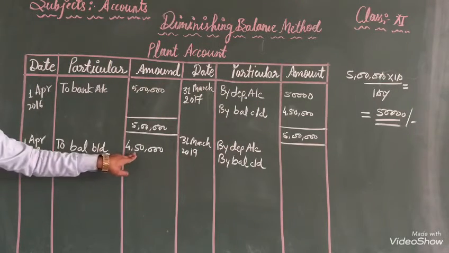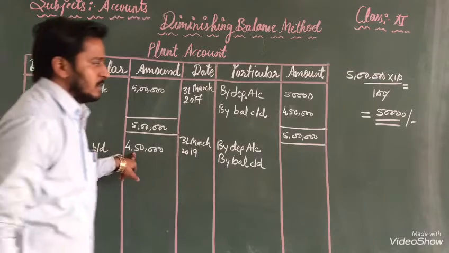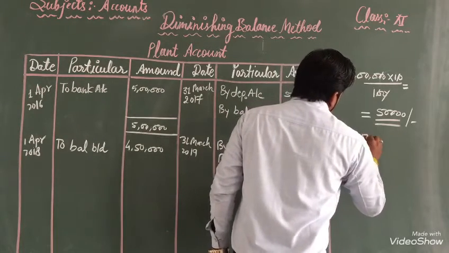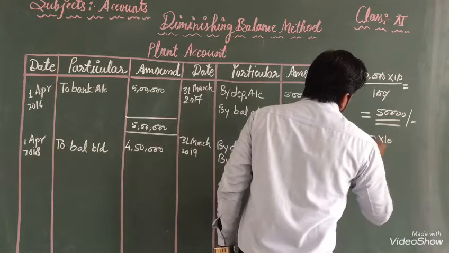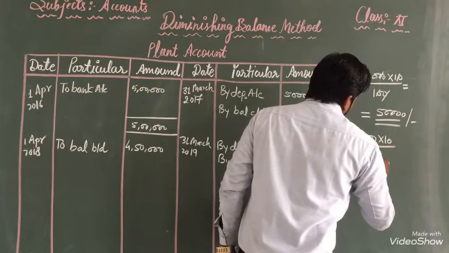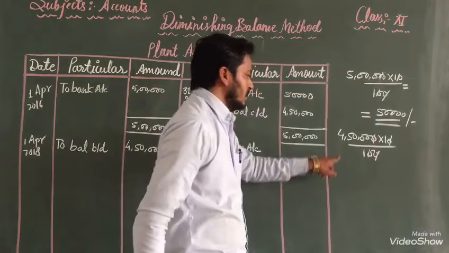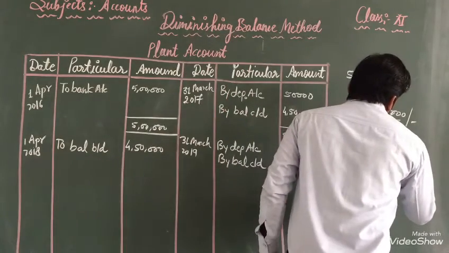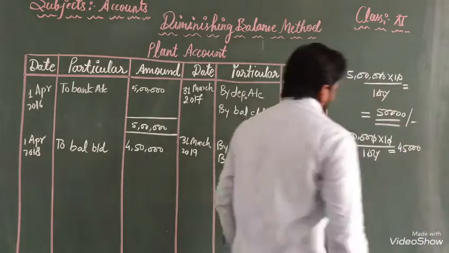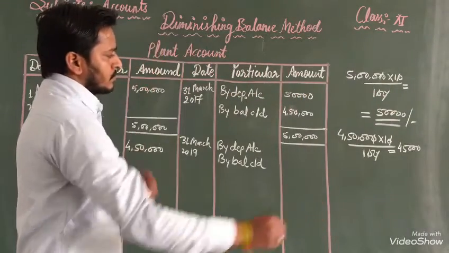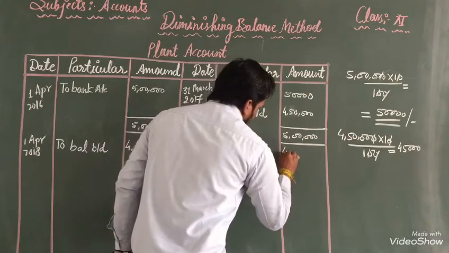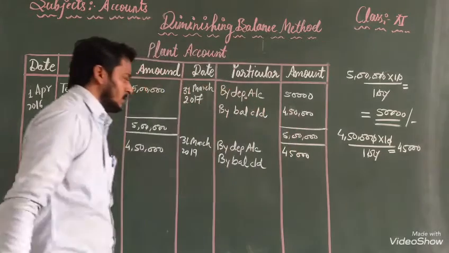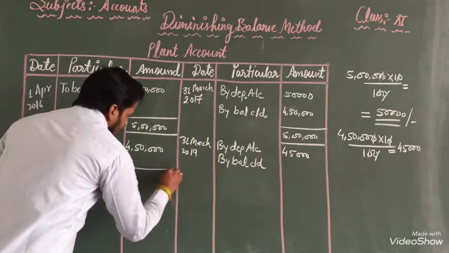So now our valuation is 4,50,000. Now you calculate depreciation: 4,50,000 times 10 divided by 100 means 45,000 depreciation came. Now we have 45,000 as depreciation.